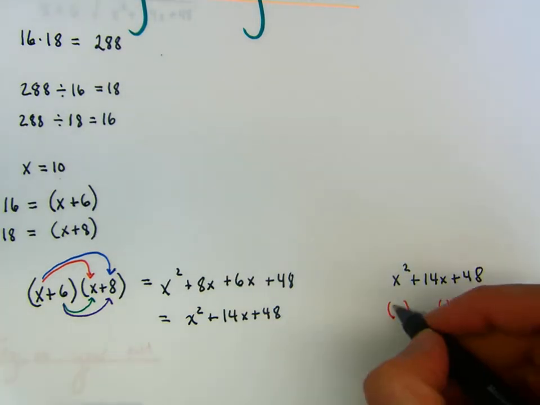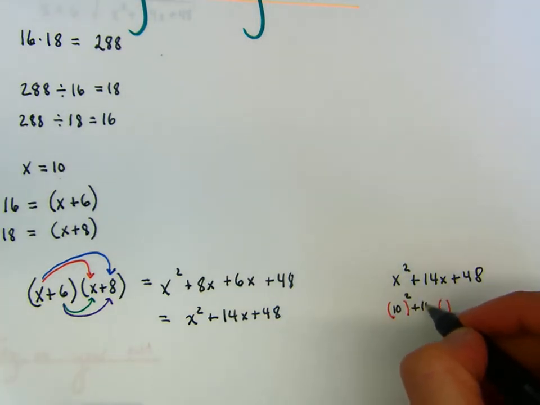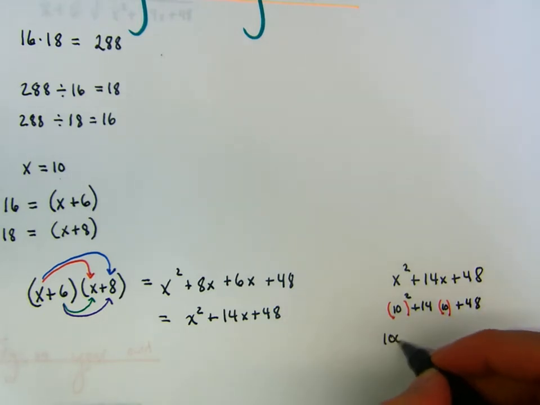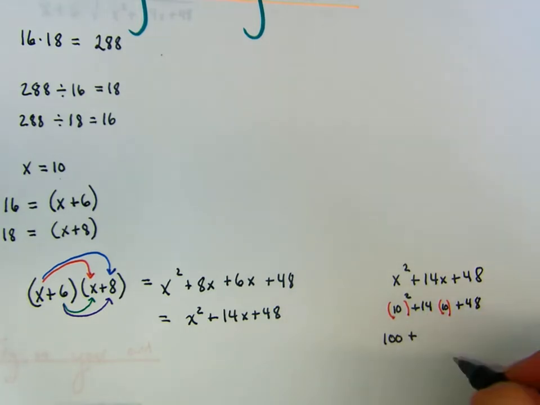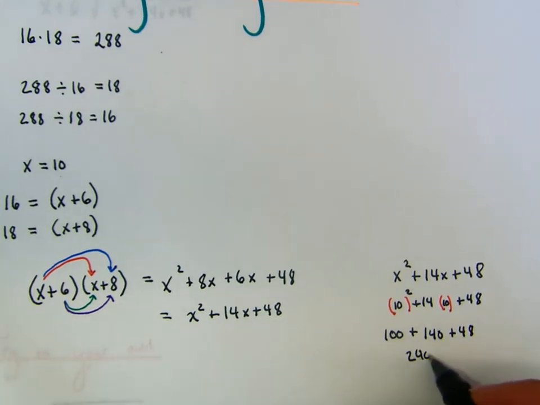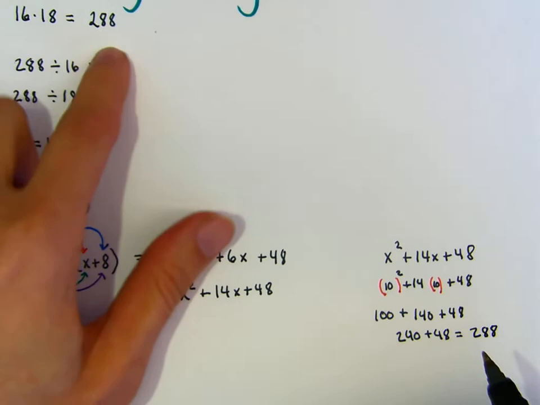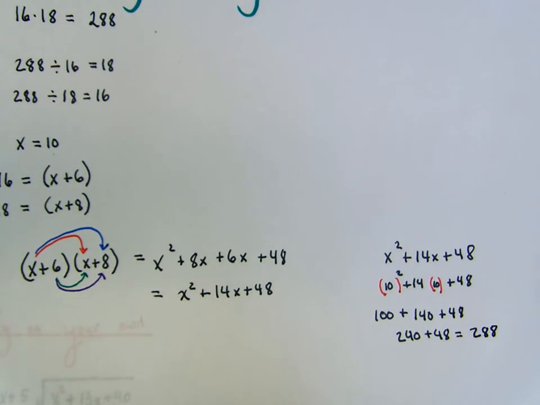We have 10 squared plus 14 times 10 plus 48. Notice that this becomes 100 plus 14 times 10. That is 140. So plus 48. This would be 240 plus 48. And notice, it equals 288, just like we had over here.